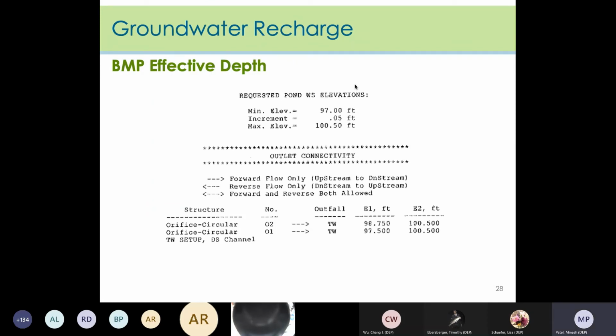From the pond report, they have a 6-inch infiltration gap to allow for infiltration, which here you see the bottom of the basin is at 97 feet, and their first orifice out is at 97.5 feet at the very bottom.